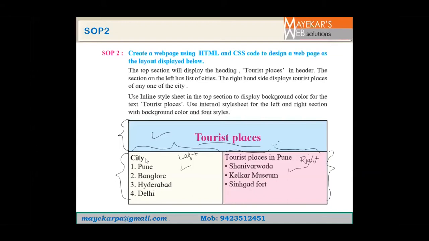Here is a city, and the heading City is displayed in bold face. Then list elements with an order: Pune, Bangalore, Hyderabad and Delhi. So these four cities you have to display with a specific order, that is 1, 2, 3, 4 and so on. So again come on Notepad.